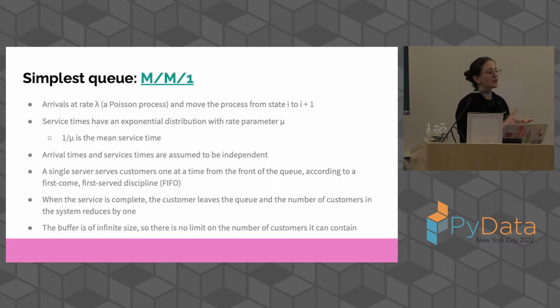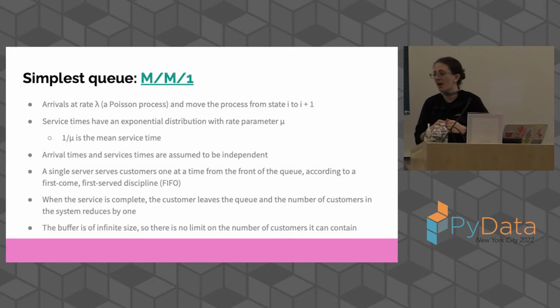Arrival times and service times are assumed to be independent. I don't know, does that seem like a fair assumption to make in the real world? How many people are coming in to get service and how long it takes my server to do the job? That's kind of a trick question. I have some people shaking their heads, no, that's probably fair.